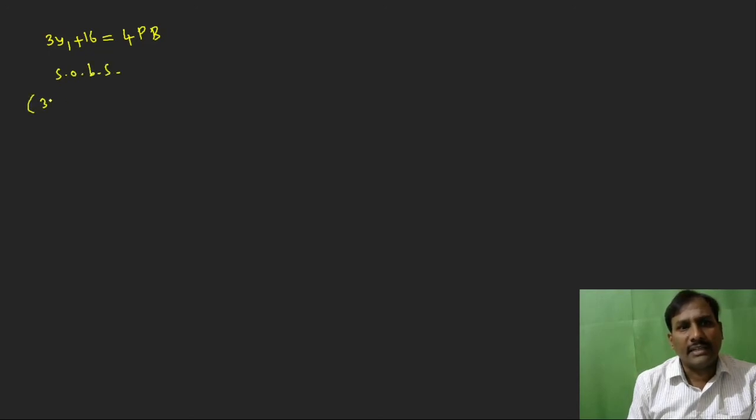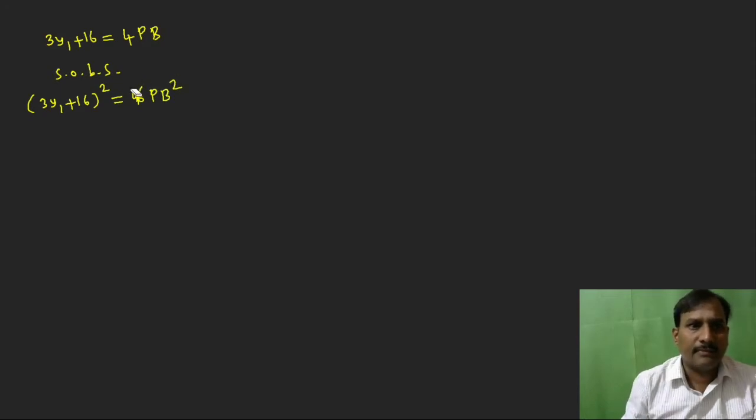You will get (3y1 plus 16) whole square is equal to 4 square, which is 16, PB square. Okay. So now what is PB square here?